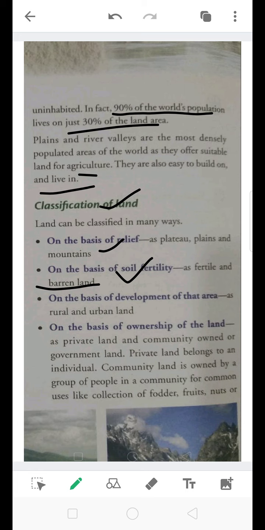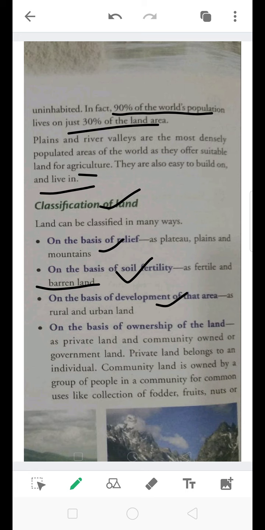Then we have, on the basis of development of that area, rural or urban land. If it is rural land, that means a land of village area, it is not that developed, so it is of a little use. Whereas in the urban land, usually people stay in urban areas, have factories, buildings and other activities on that land, so that land area is a developed area.